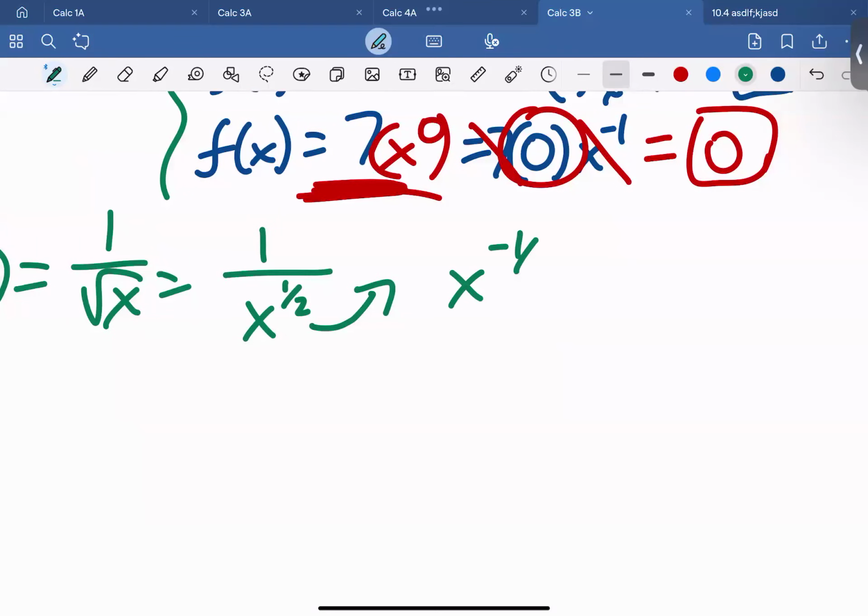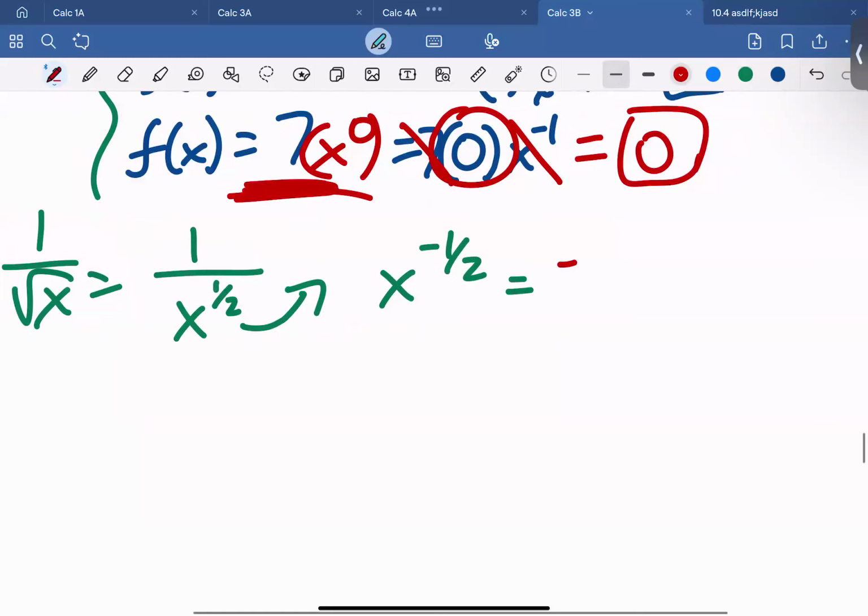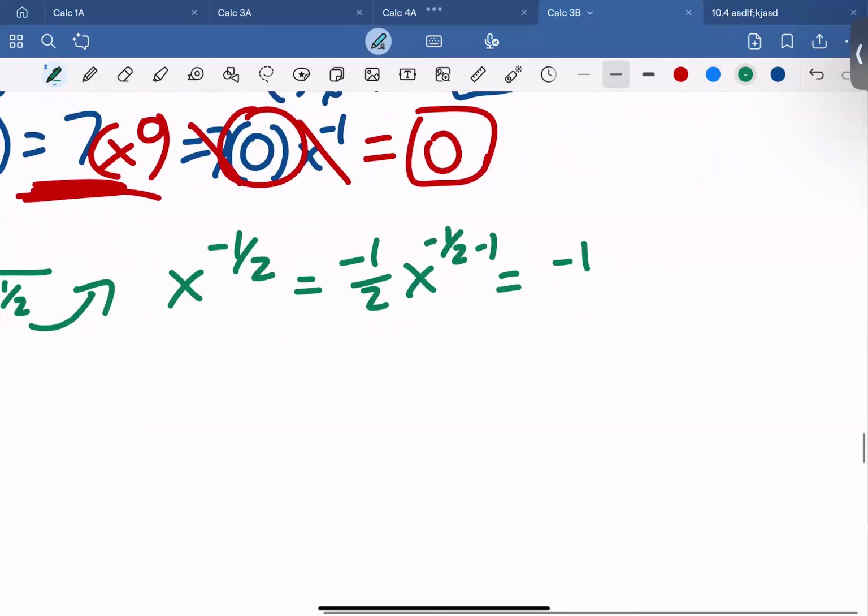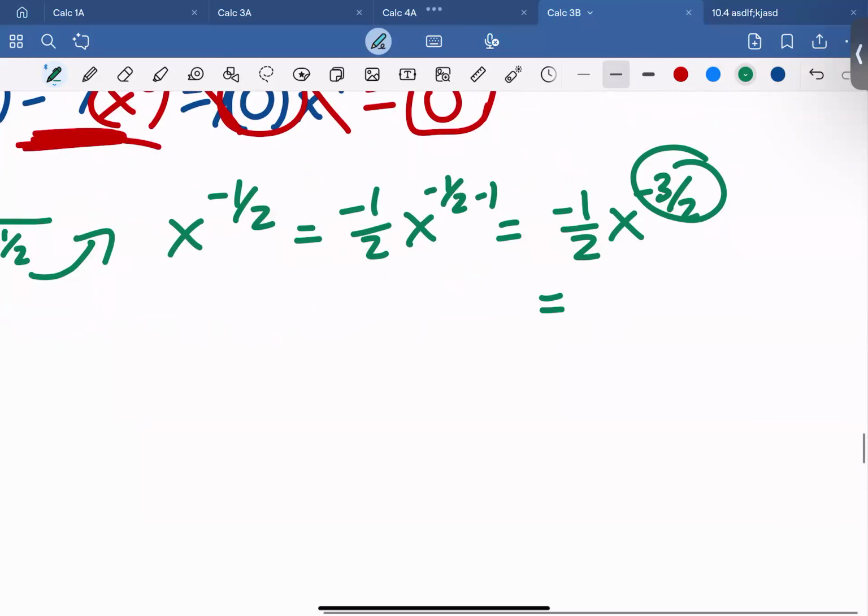And now I'm just going to apply the power rule like we always do. Negative 1/2 times x to the, what is negative 1/2 minus 1? That would give us negative 3 over 2. And then a negative exponent, we need to bring that down. So that would be negative 1 over 2 times x to the 3 over 2.